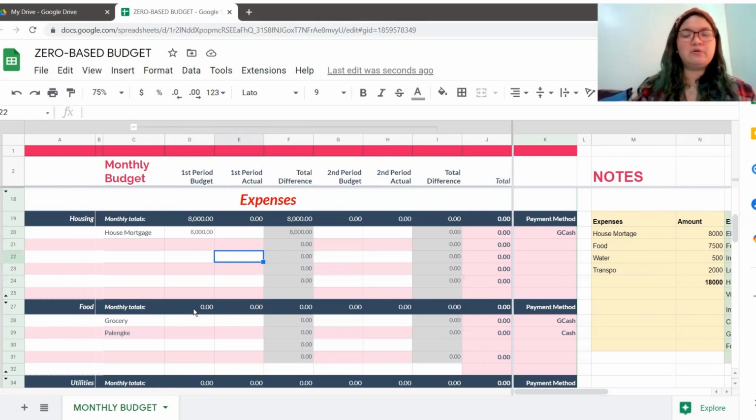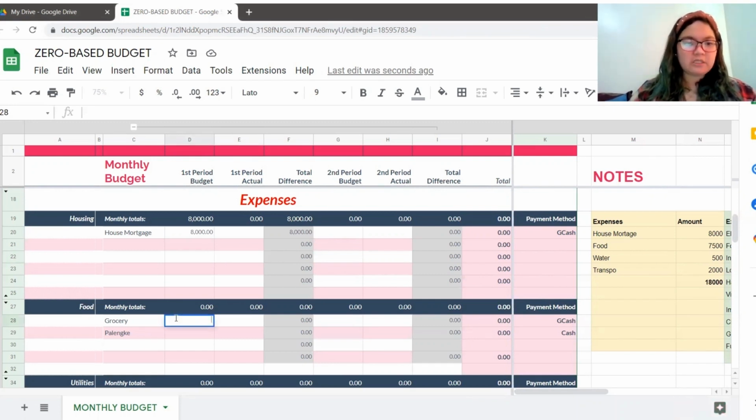Even the baby gets 5,000 because the baby has other needs like diapers, although the baby doesn't eat much. In this case, there are three in the family, so 15,000 a month, and per period, 7,500 for food.